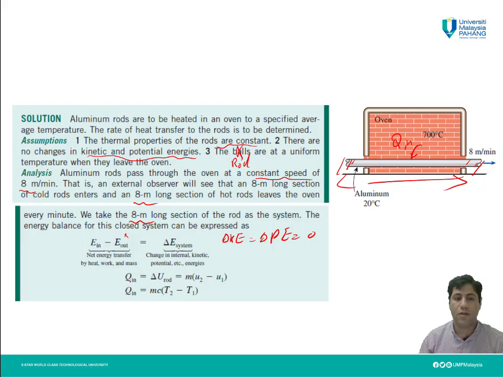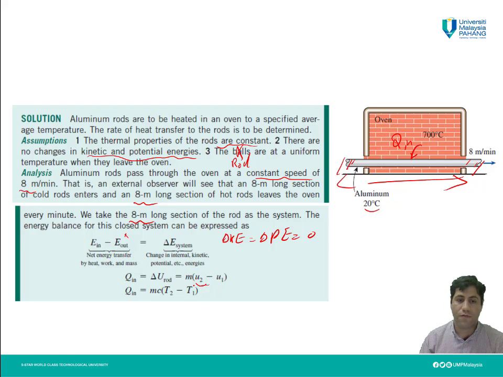Then this delta U of the rod can be written like this: m, the mass of the rod, times u2, the specific internal energy of aluminum at state 2 after the increase of temperature, minus u1, the specific internal energy of aluminum at state 1, when the temperature is 20 degrees Celsius.